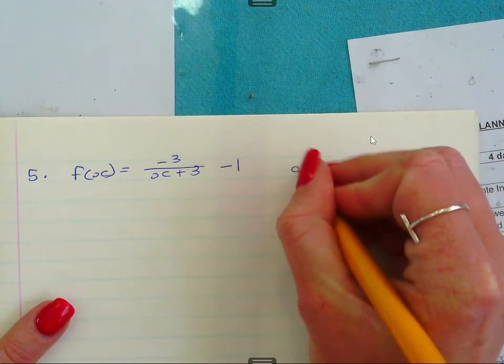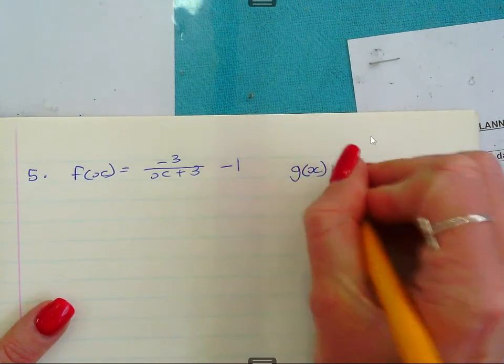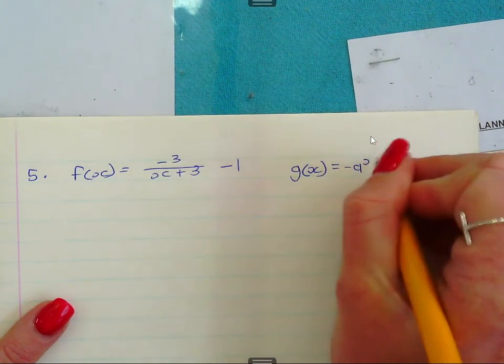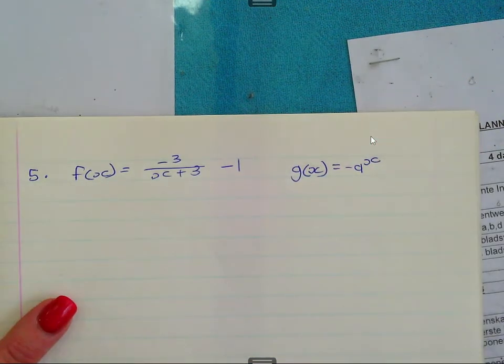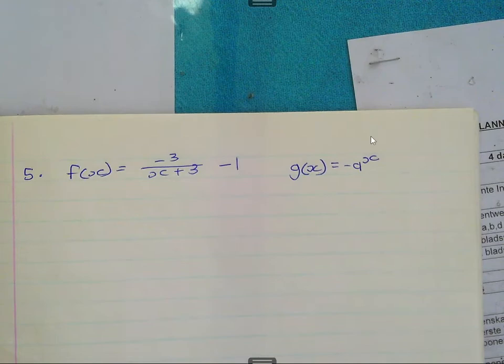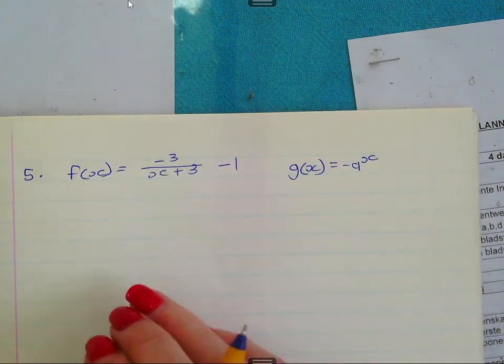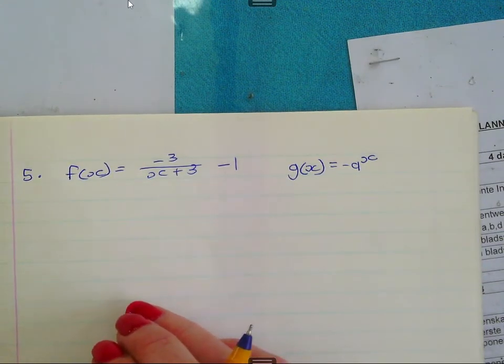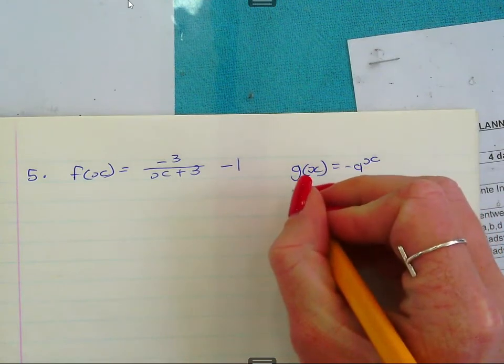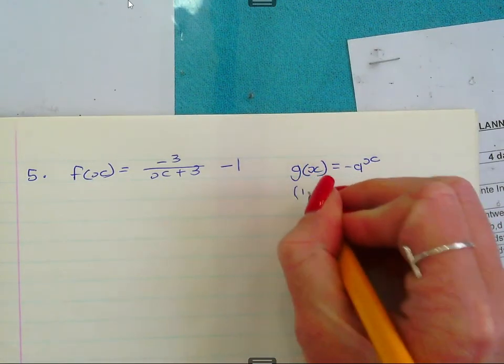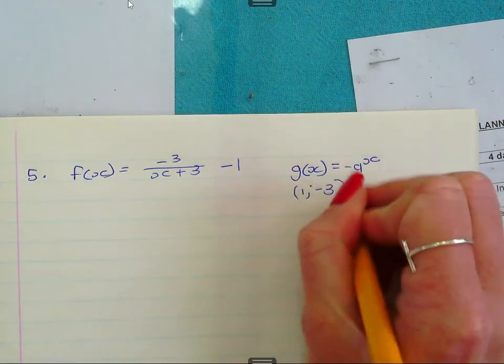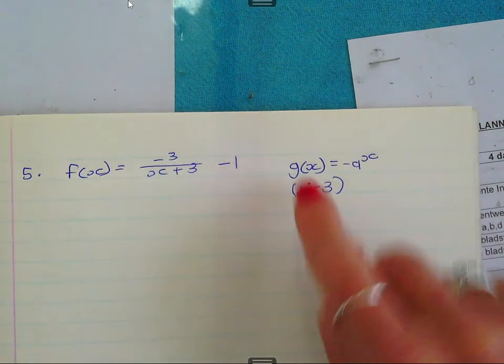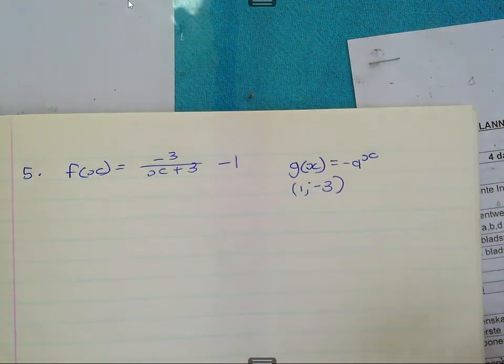And they give you another function, g of x is equal to negative a to the power of x. What function is that? Exponential. Okay. And now they tell you the point. A point is a coordinate, ne? 1 and negative 3 lies on g. So it lies on the exponential function. And that's all that they've given you.